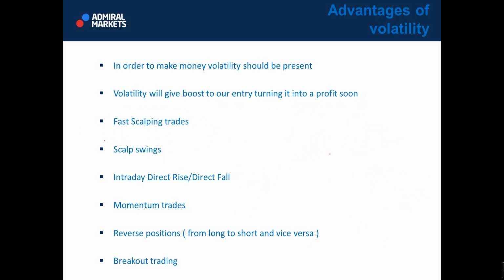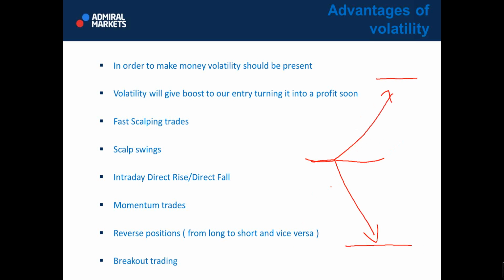You already know how to do that if you watch the webinar. Intraday, direct rise or direct fall. This is direct rise from the support directly to next resistance, and this is direct fall directly to next support.